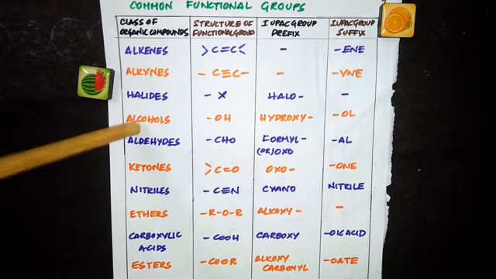Next, alcohols. The functional group is OH. For certain organic compounds, there will be one or more functional groups present in their structure. It can contain not just OH, sometimes they will have OH and also COOH, which is acid. They might have OH and also an amine group. When they have multiple functional groups, we will have a preference for which should be named first and which should be named second.